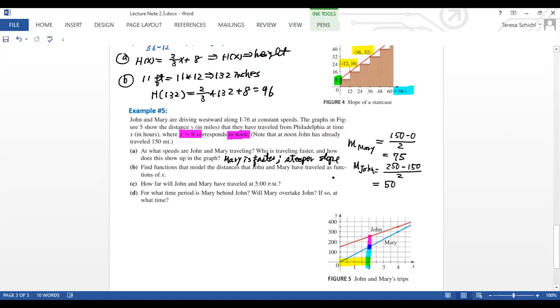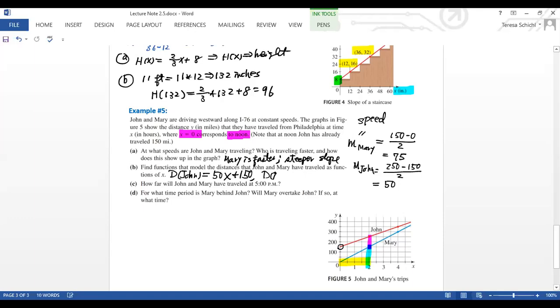Okay, so now what is the speed for John and Mary? The slope is the speed, the average rate of speed. So the function model for John, the distance for John, will be the slope, 50x, but John started at 150, so it's 50x plus 150.